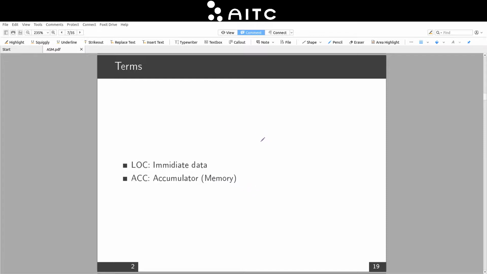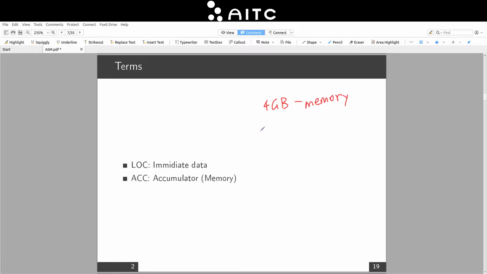Which means it's the memory for the CPU. For example, many computers have a memory of 4 GB. That is memory.